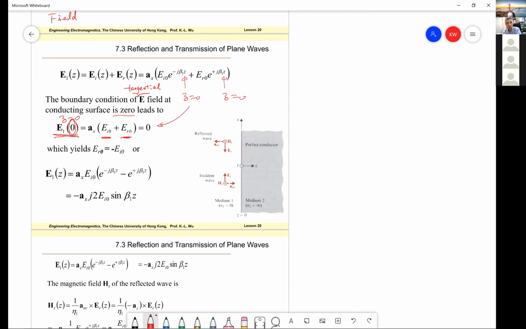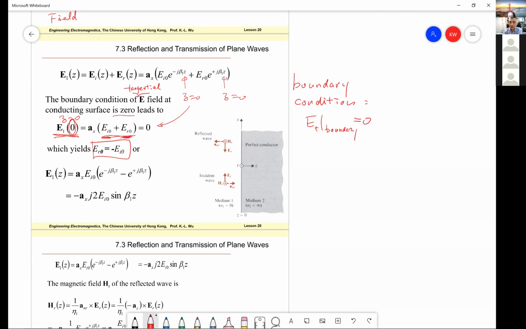The boundary condition is the first principle: the tangential field on the boundary equals 0, right? So this equal to 0 cannot be wrong. If you follow the first principle in every step, your result cannot be wrong, right?